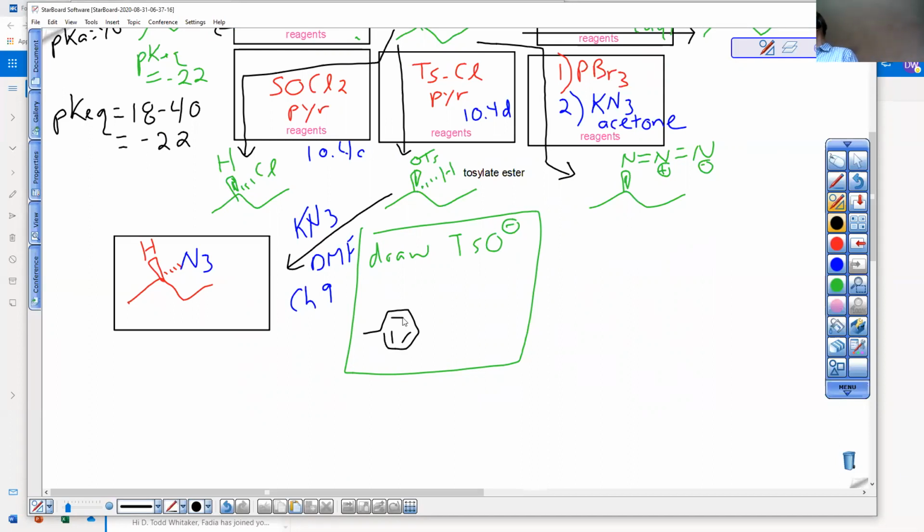The S is for sulfonic something. There it is. And whatever's left over after, if it was TsCl, I'd write a Cl here. If it's TsO minus, I'll write an O minus here. To be able to draw that on demand.